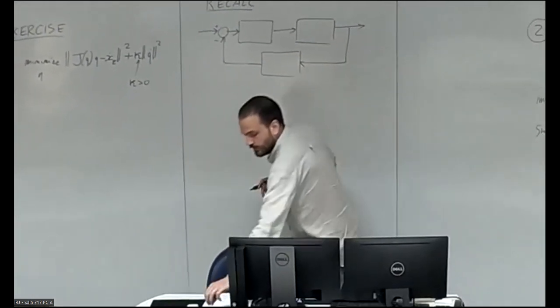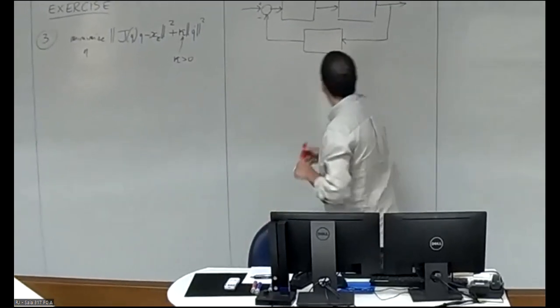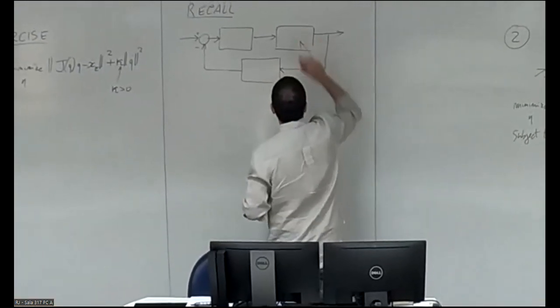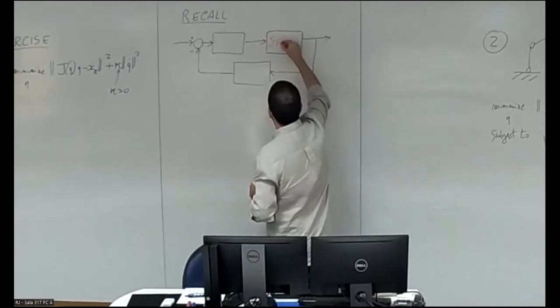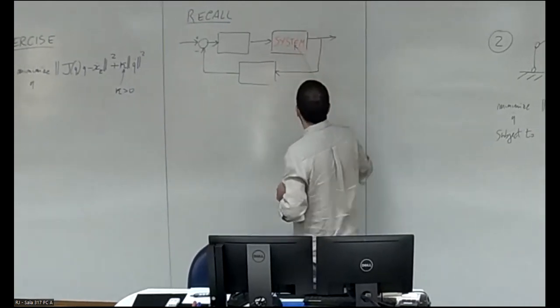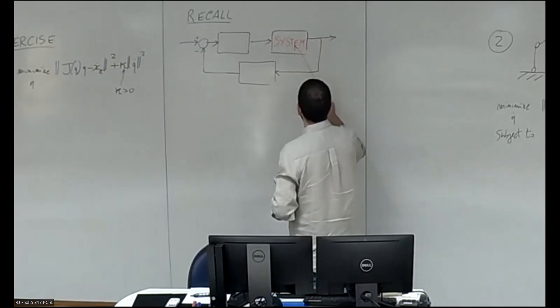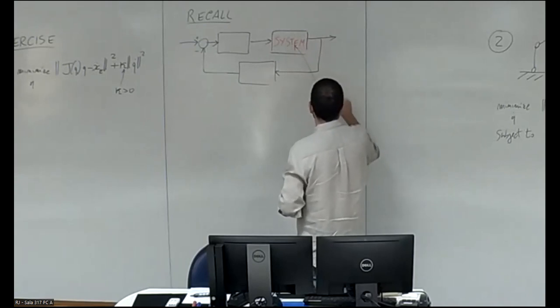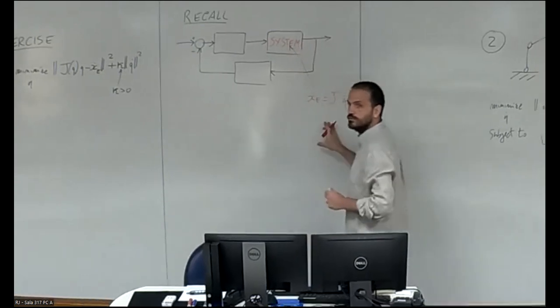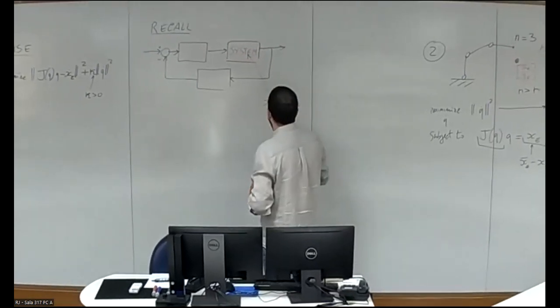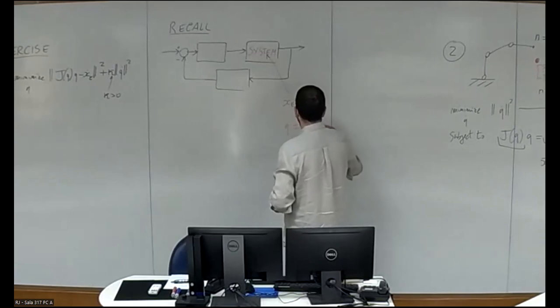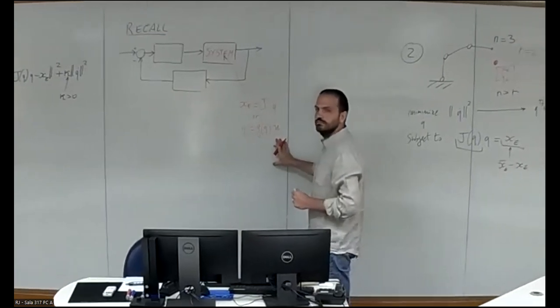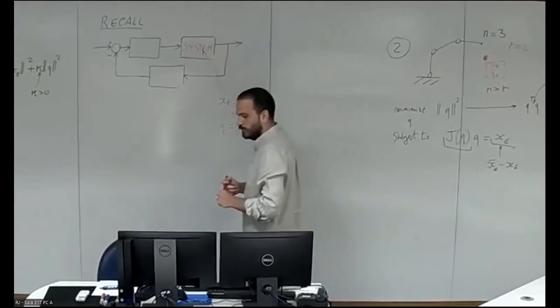But here is the system model, which could be, as we said, x e dot equal to J q dot for manipulators, or q dot is G of q times u for mobile robots. This is what we will work with.